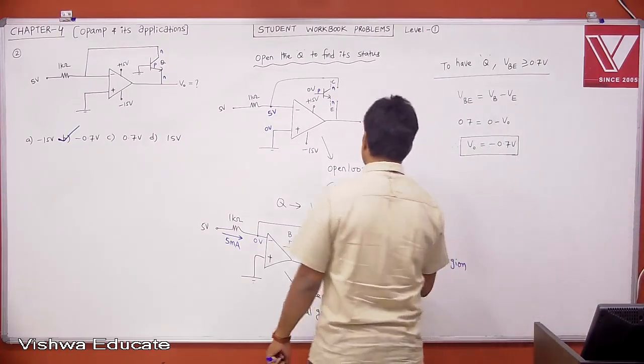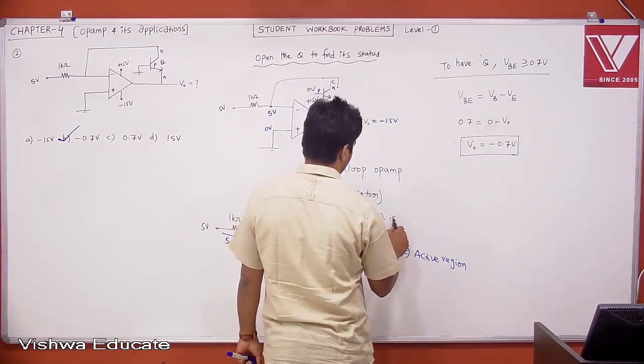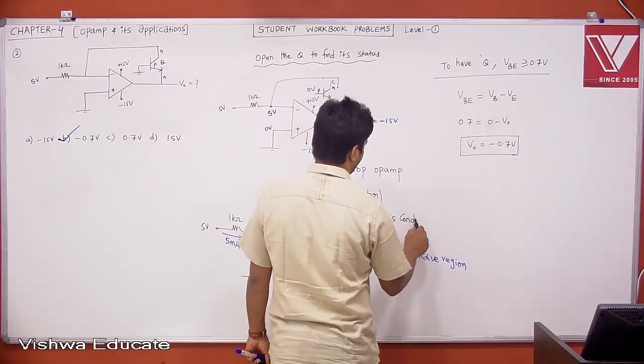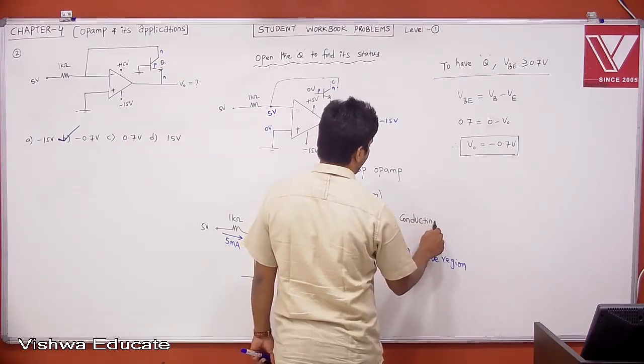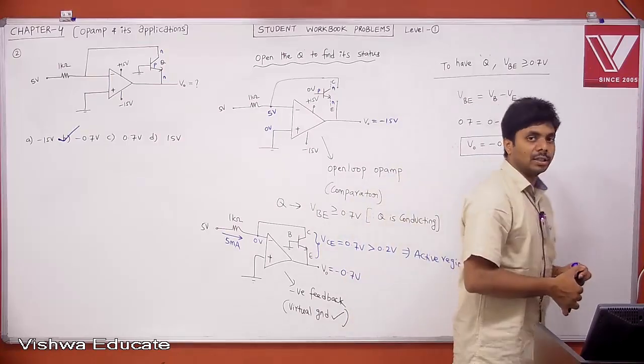Therefore Q is conducting. Conducting means it could be saturation or active region. After calculating real values, we got to know it is in active region.